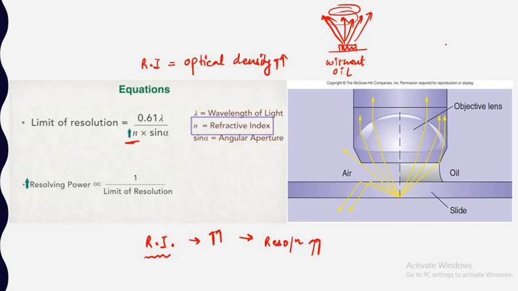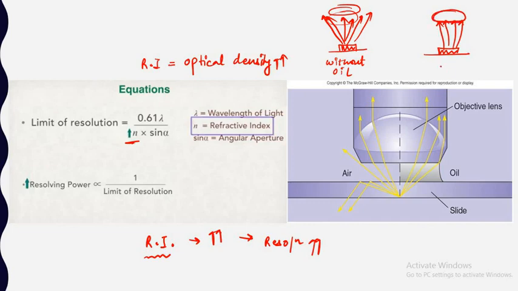Now when you have kept an oil, what happens is all the rays will diffract less and you will get everything perfectly on the objective lens.